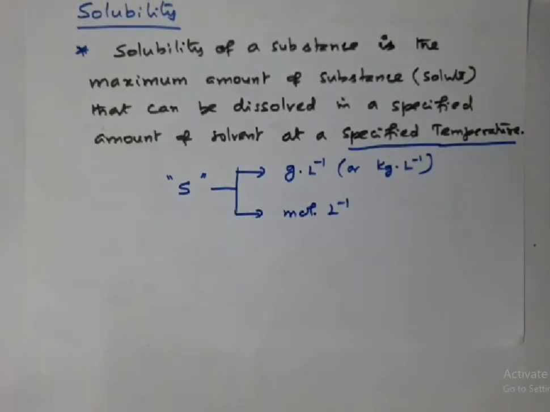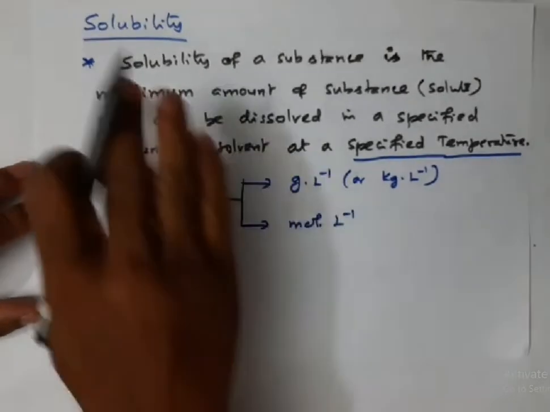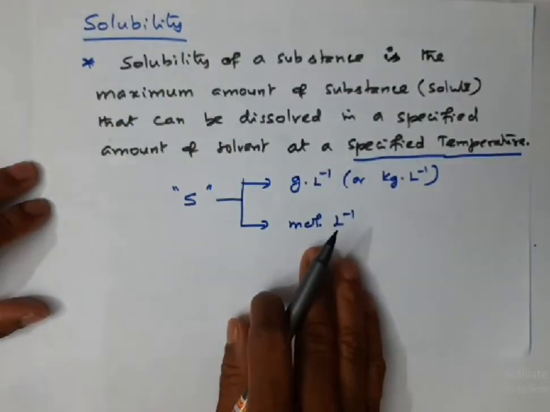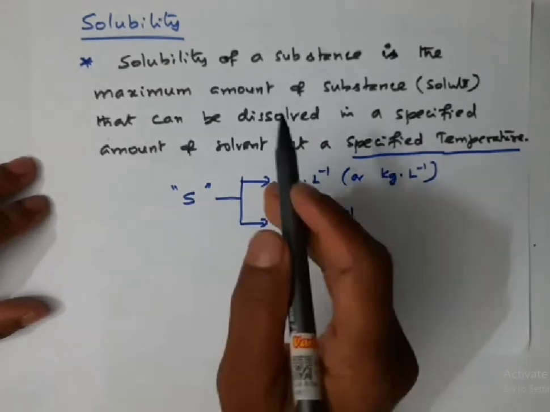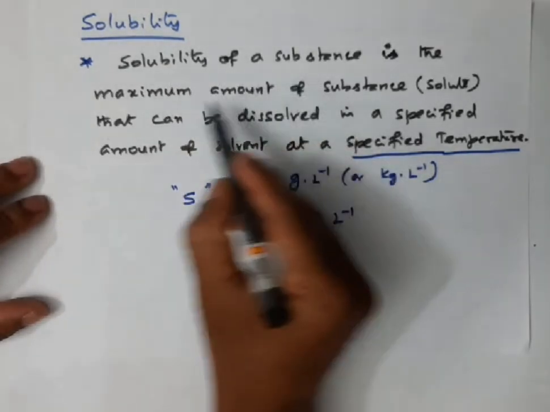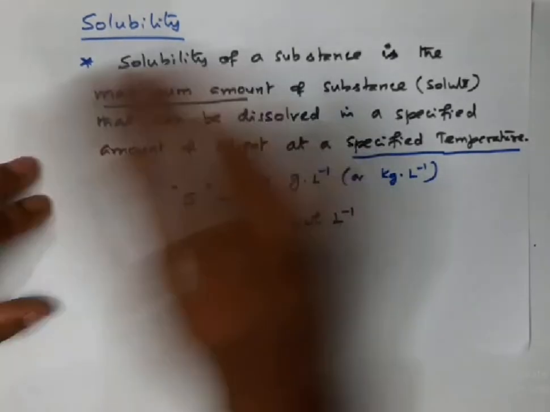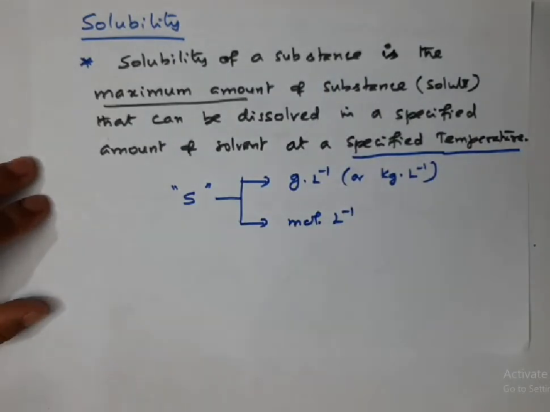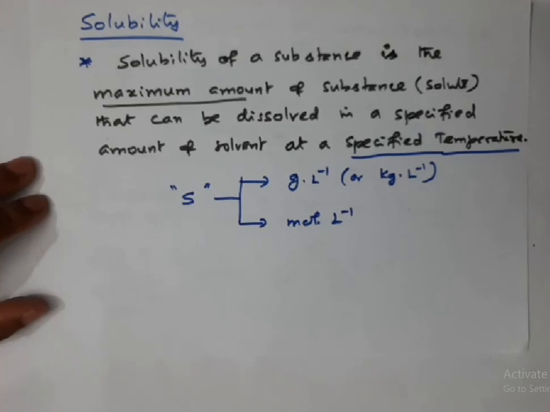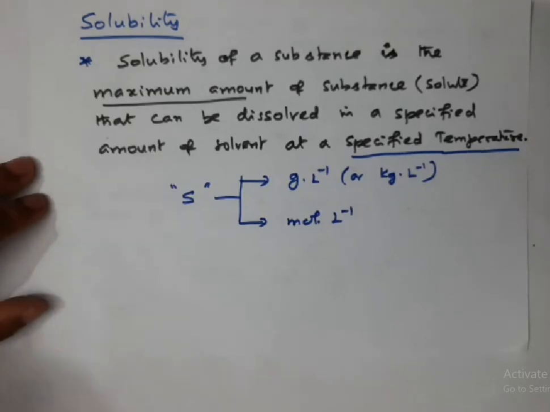Now what we are going to do is, when you dissolve a substance in water, if you add solute, 1 gram, 1 gram, 1 gram, like that, at one particular stage the maximum amount will be reached.